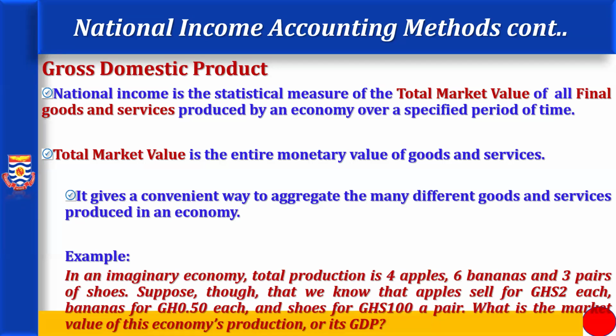That is why we want to look at the total market value of all final goods. As I said, final means that we don't consider intermediate goods or goods that are used in further production. We don't consider them because they'll be counted in their last stage, like the example I was giving.